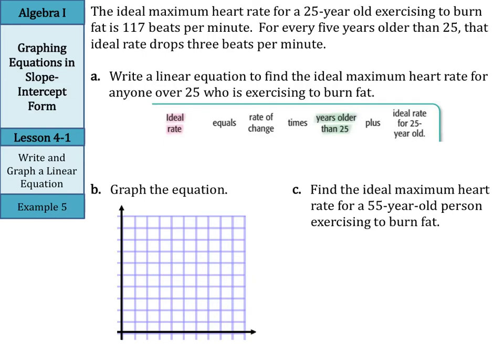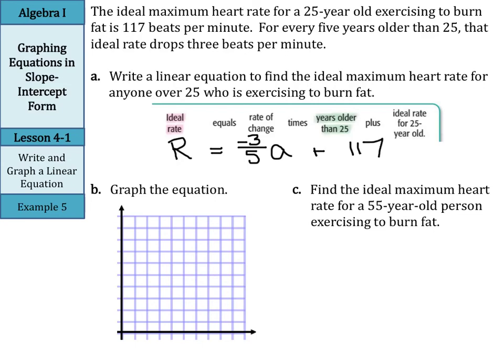So the ideal rate is going to be R equals, now our rate of change. We're going down 3 beats per minute, but for every 5 years. So down 3 beats for every 5 years times the years older than 25, we're just going to label as A, plus 117.